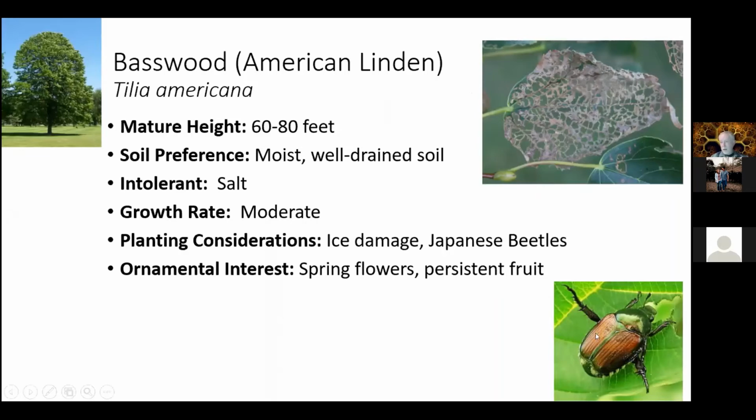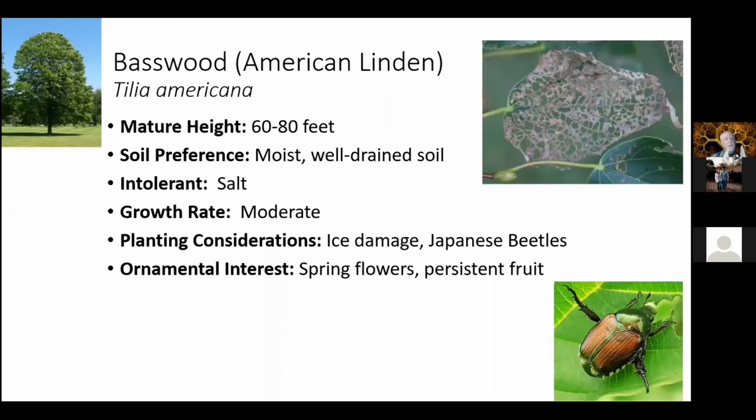And then here's a Japanese beetle, and here's what it does to the leaves. Here's a mature basswood in the middle of Maytag Park in Newton that every summer, by midsummer, it just looks like this fluffy brown globe because they've skeletonized all the leaves. They leave the vein structure and eat everything in between.